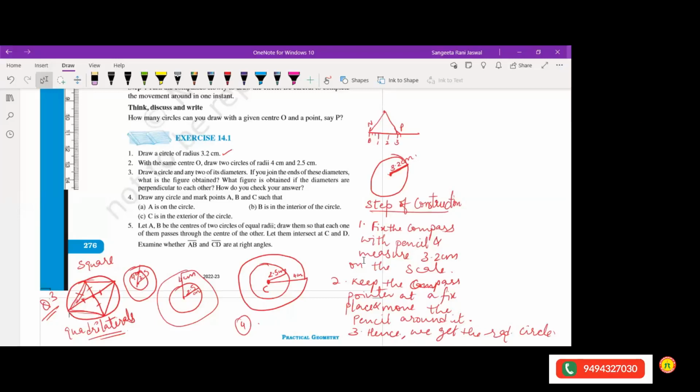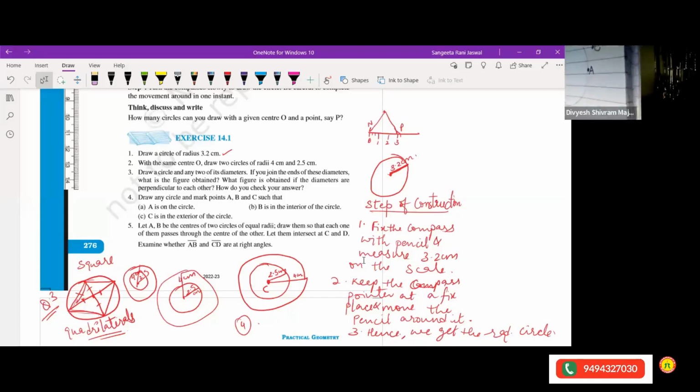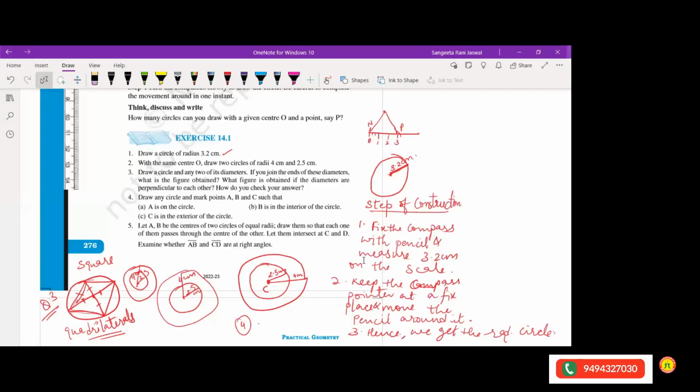Divesh, you have taken B as the center point? Yes, ma'am. No, it should be different from the center. B is only in the interior. Although the center is also in the interior, we are taking a point different from the center.